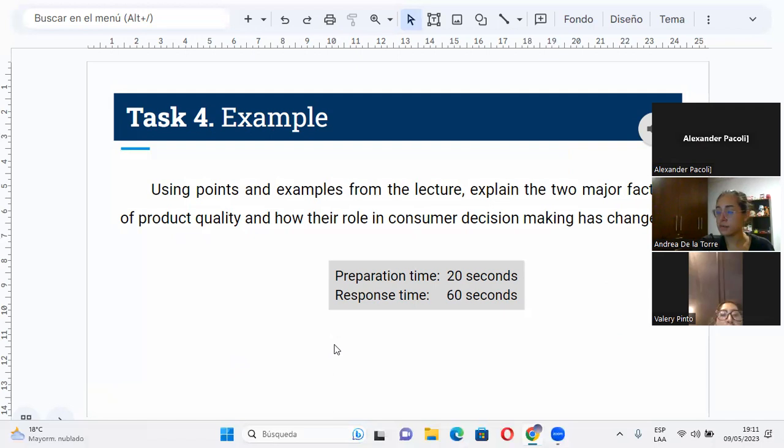Yes, Alexander? Excuse me, miss, is the template for this question the same as question 3? It's not the same. We will see the template in a little.